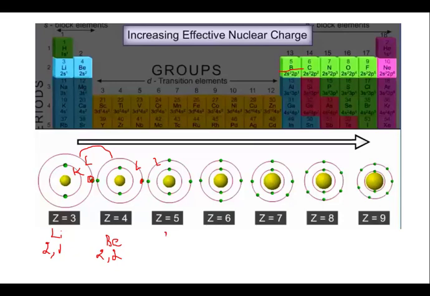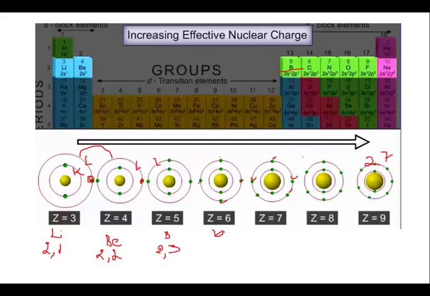For example, for boron, the representation will be 2, 3. So 3 electrons are now there. In the same manner, for carbon, 4 electrons will be there, 1, 2, 3 and 4. For nitrogen, 5 electrons, and so on. For fluorine, there will be 7 electrons in the valence shell and 2 electrons in the inner shell.